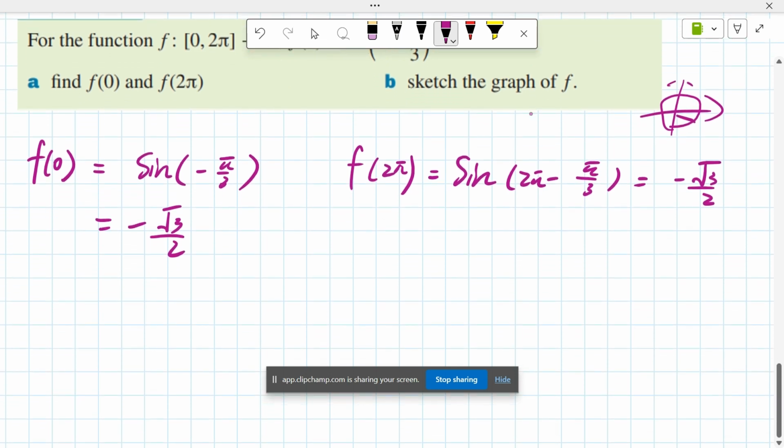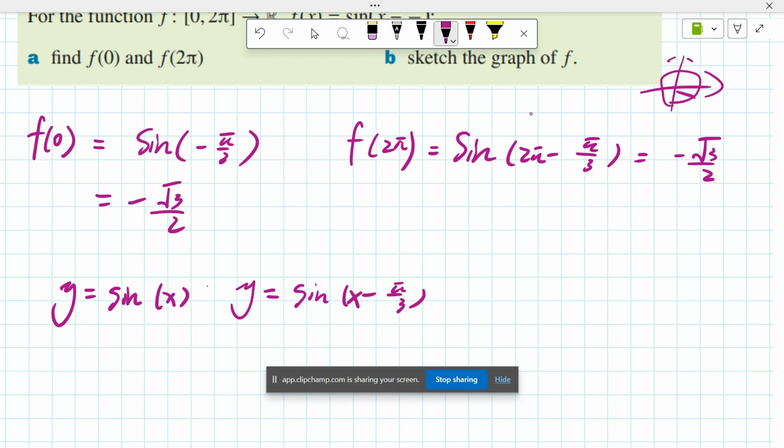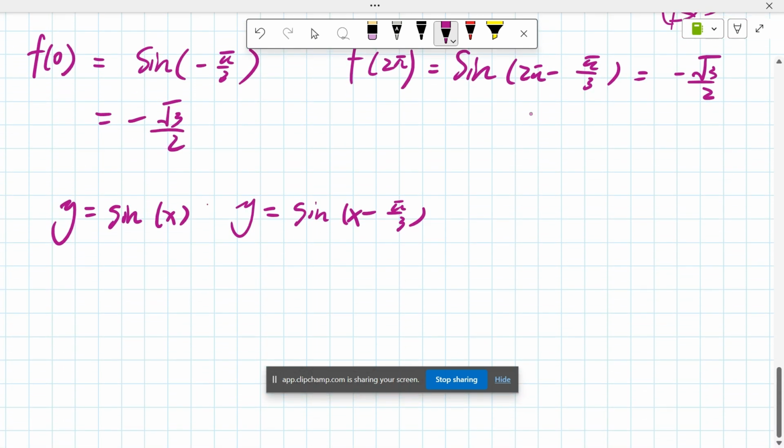Okay, perfect. And then we're going to sketch the graph. Let's see the translation part first. If I start from y equal to sine x, that's the start at the beginning, then y equal to sine of x minus pi on 3 is actually translated pi on 3 units to the right.